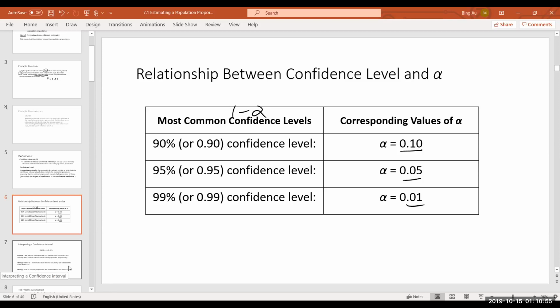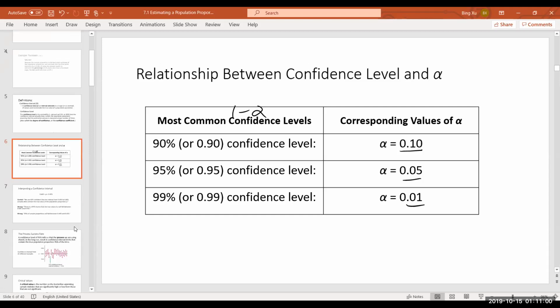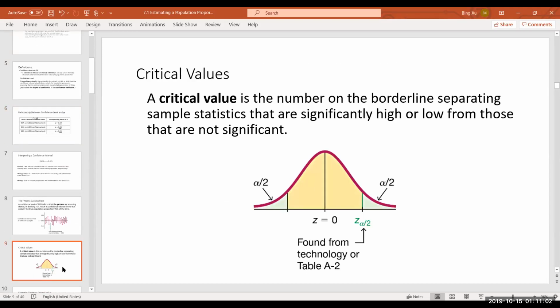So what does it mean? First of all, this alpha is the area in the tail. So if your alpha is 0.1, for example, then the area in each tail will be 0.05. So basically the alpha is the area in the tail. Oh, okay. So it's equally split between each side. Yes.